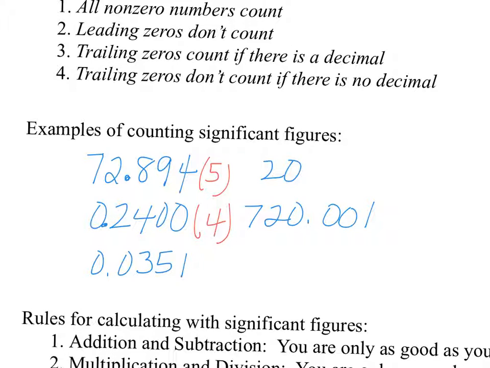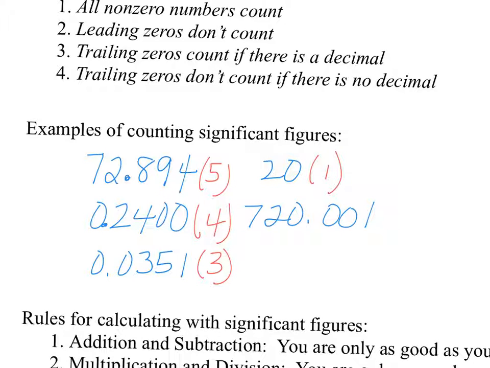What about the next one? 3. Because of rule 2, leading zeros don't count. What about the next one, 20? 1. There is no decimal. Rule 4. Trailing zeros don't count if there is no decimal.